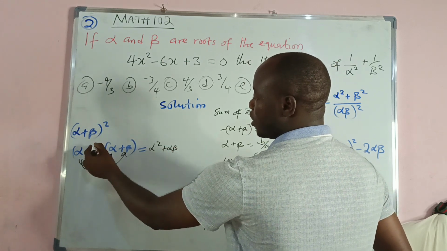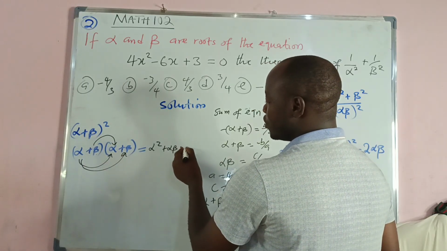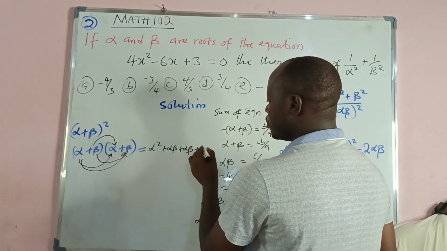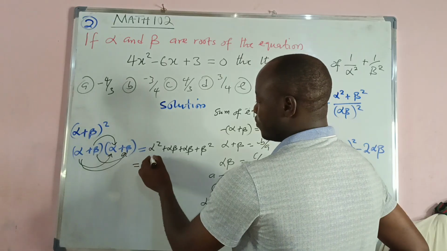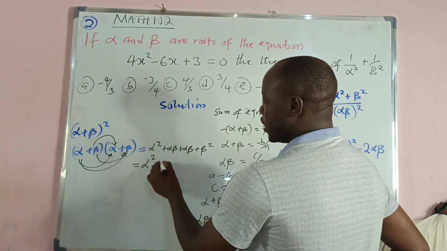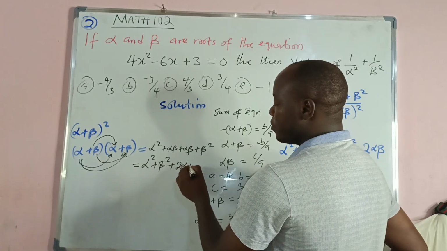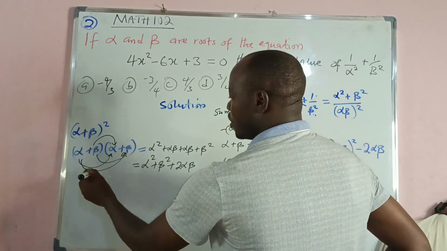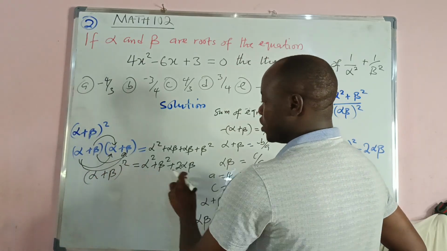Then another one, β times α is plus αβ, and then β times β is plus β². So we take α² plus β², then we have 2αβ. So therefore (α + β)² is the same thing as this.